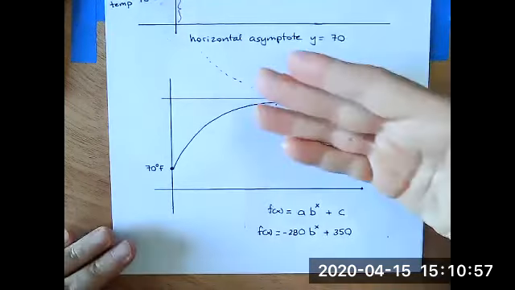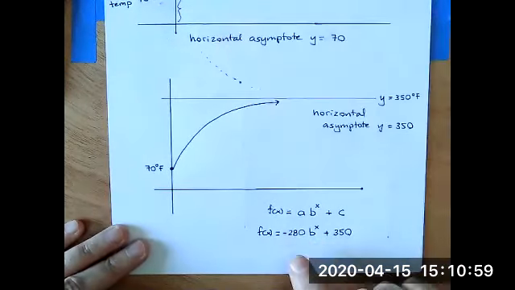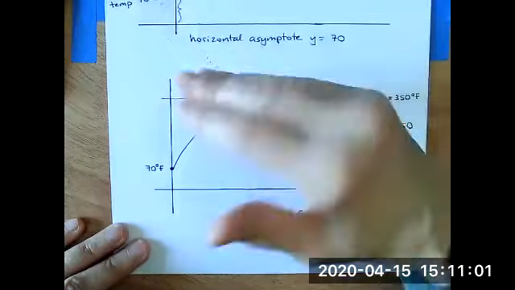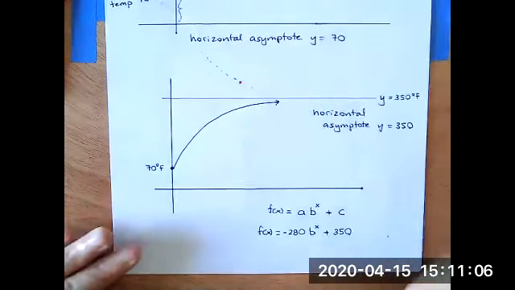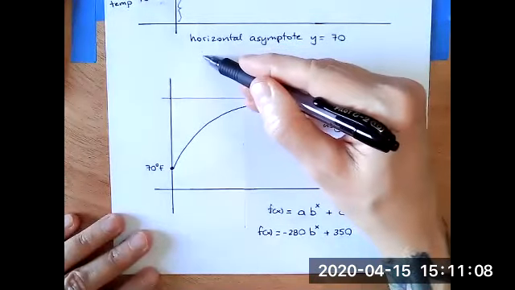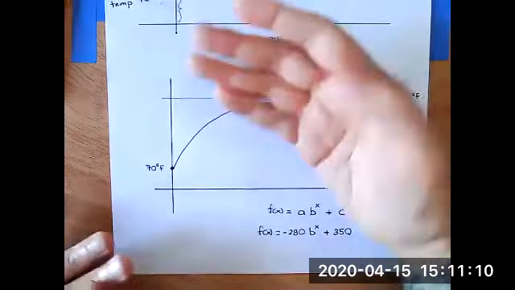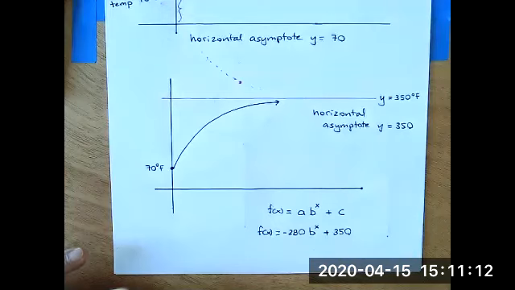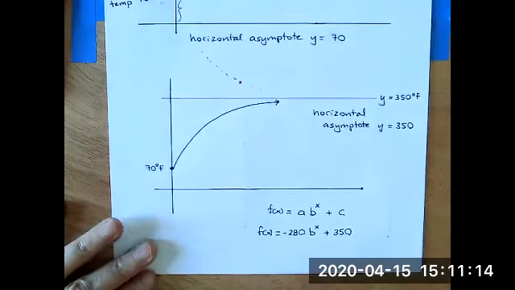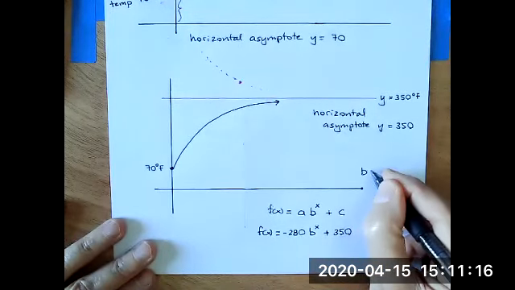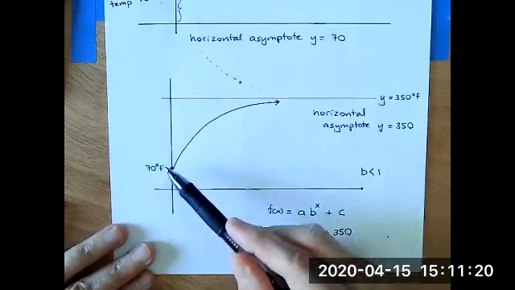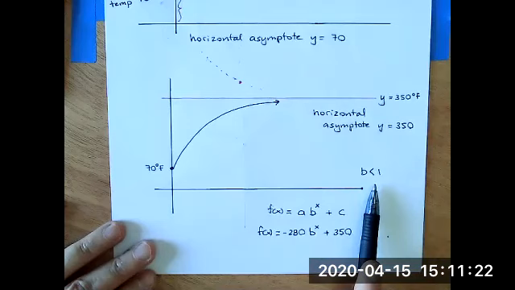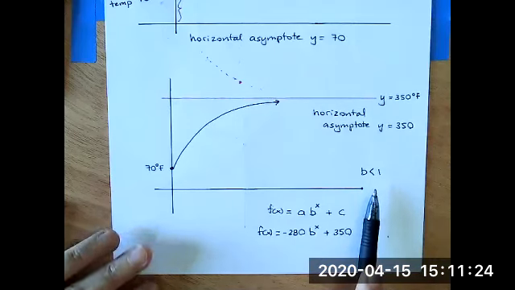If you think about this being negative, reflecting it across the x-axis, it's really a decreasing function that's been reflected. So b is going to be less than 1. Again, we would need another data point to calculate b precisely. We'll do that in part 3.